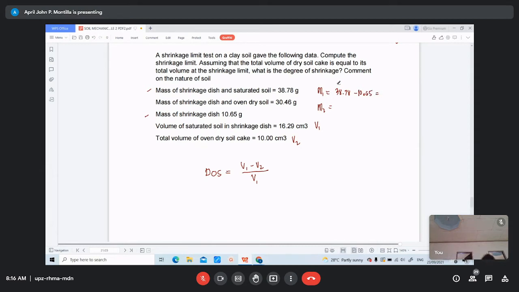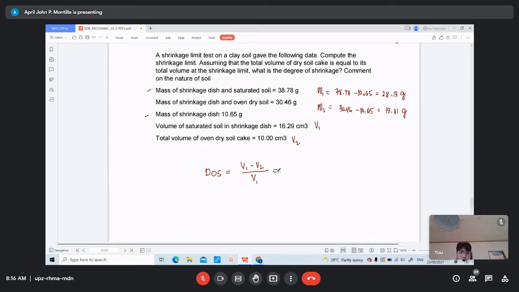What is the value? 28.13. 28.13 grams. And then M2, the mass of dry soil, that is mass of shrinkage dish and oven dry soil minus mass of shrinkage dish, or 30.46 minus 10.65. 19.81 grams. So you have M1, M2, V1, and V2.